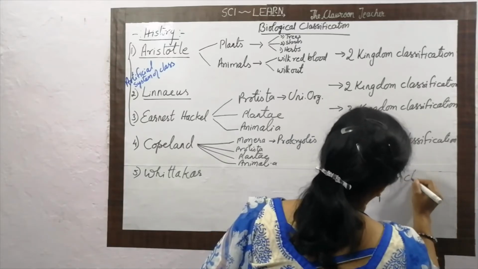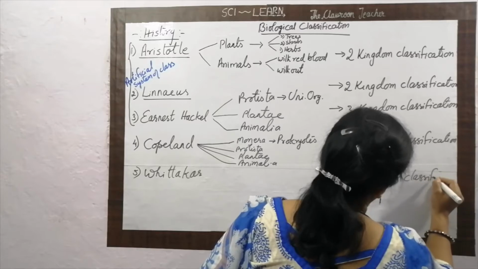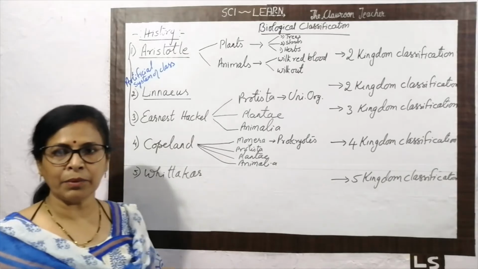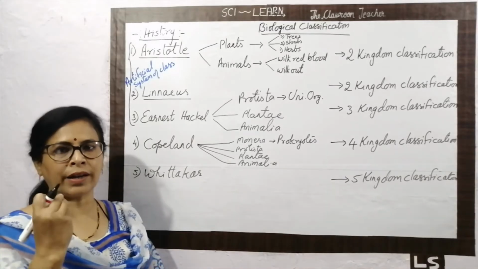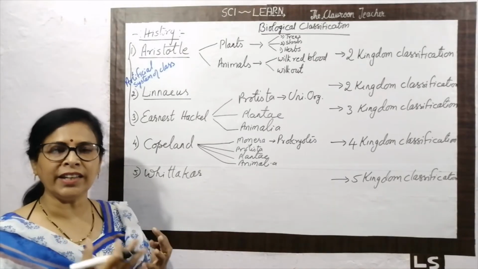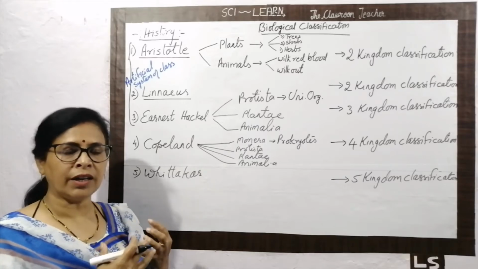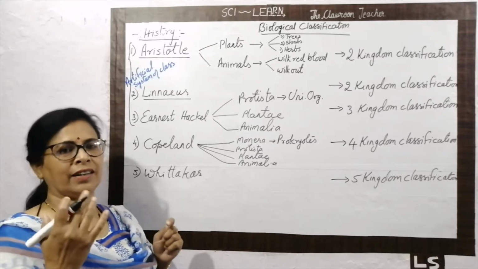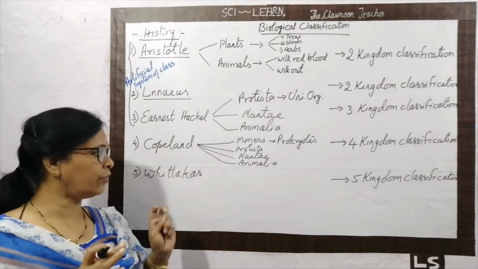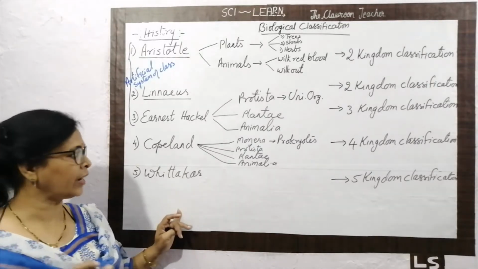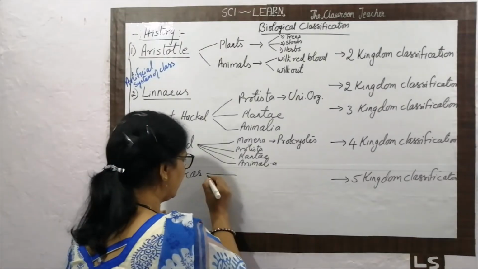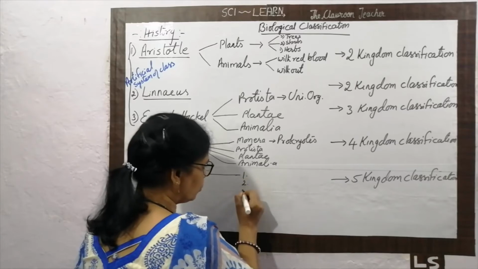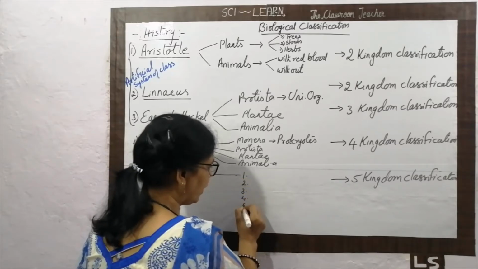He included one more kingdom, according to the nature of their food, their habitat, and certain characters. Except for evolution, Whittaker proposed the five kingdom classification. According to him, 1, 2, 3, 4 and 5.